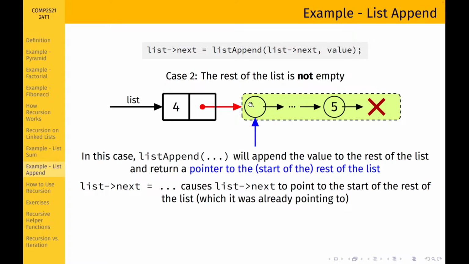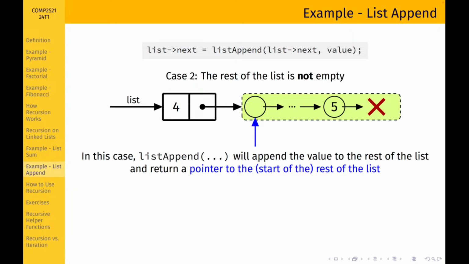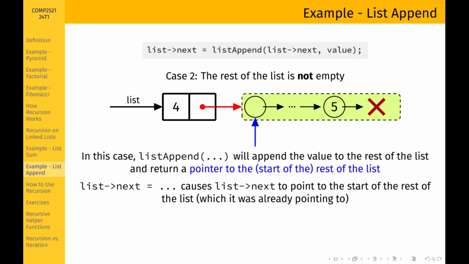So you see, if the rest of the list is not empty, then this part of the line, list arrow next equals, doesn't really do anything. But if the rest of the list is empty, it does do a lot. It attaches the new node to the rest of the list. So that's a more detailed explanation of why this works.